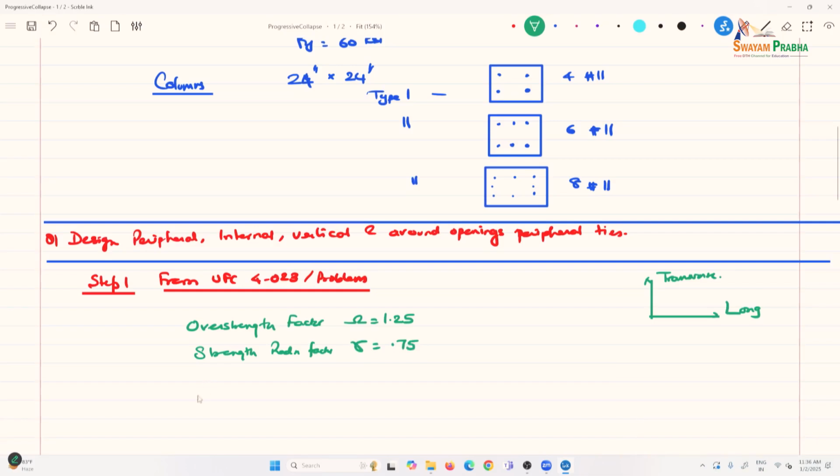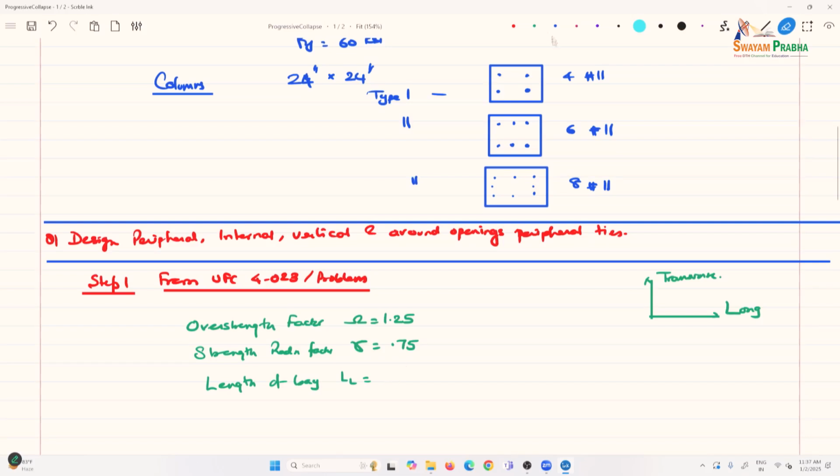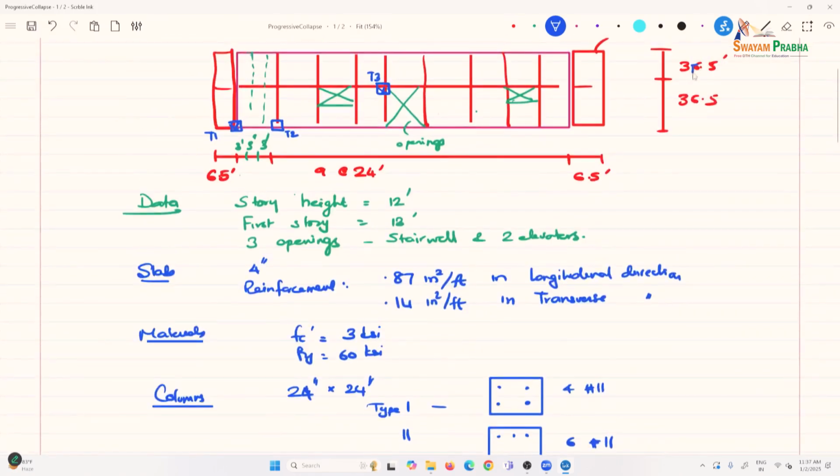Then from the problem itself, we have length of the bay, LL is 24 feet, and the width of bay here LT is given to be 30, yeah, I thought it is 35.5, that is what I was wondering, hesitating.